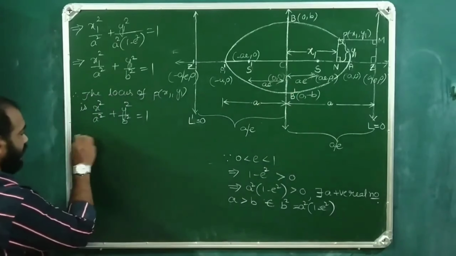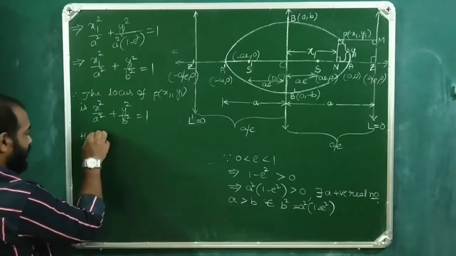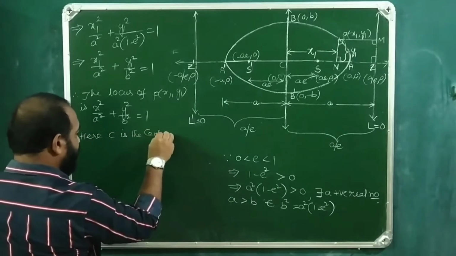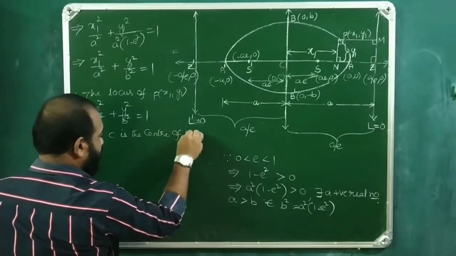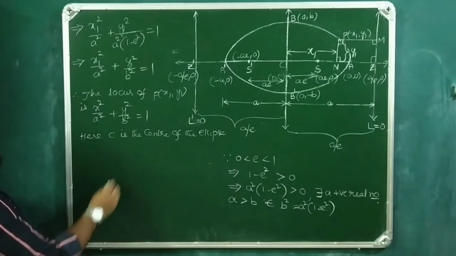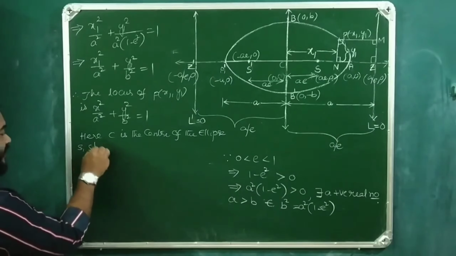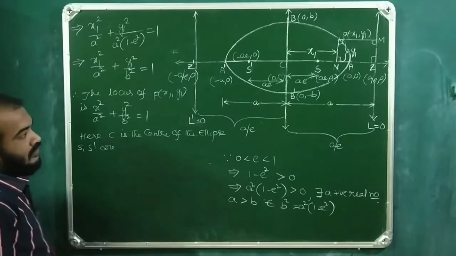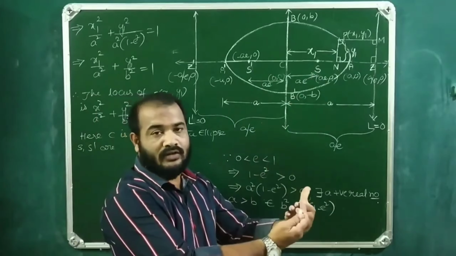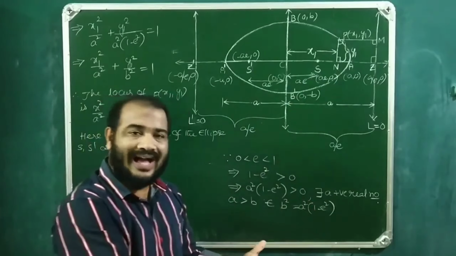Here C is the center of the ellipse, and S comma S dash, or S is the focus, where S and S dash are plural, more than one, foci.